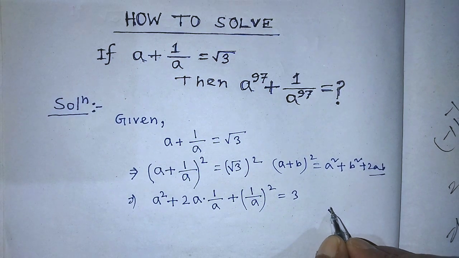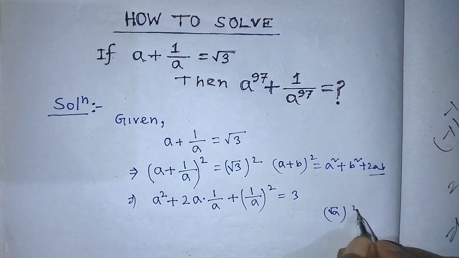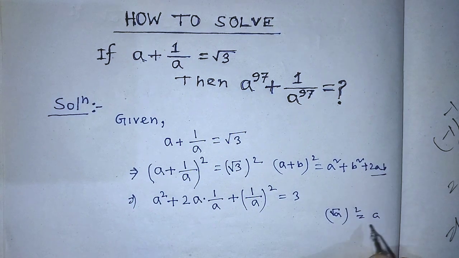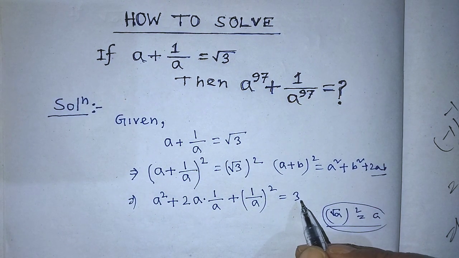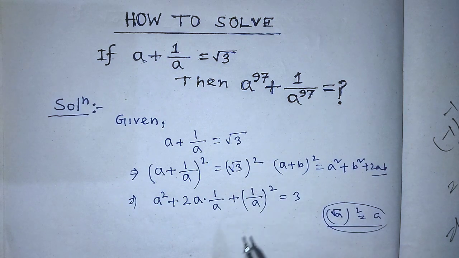We know that root a whole square is a. So we apply this rule on the right hand side, and we can write 3.